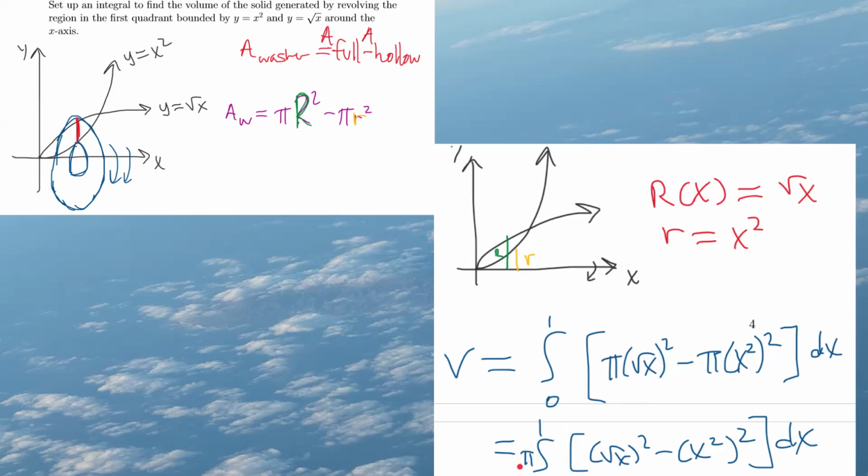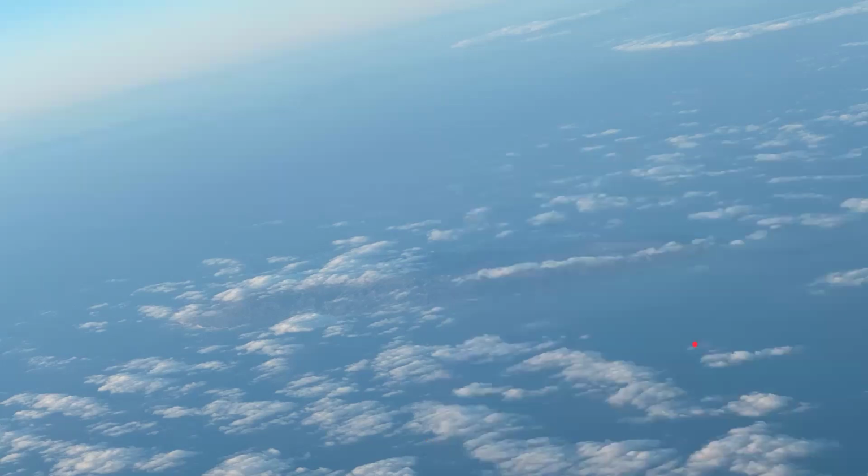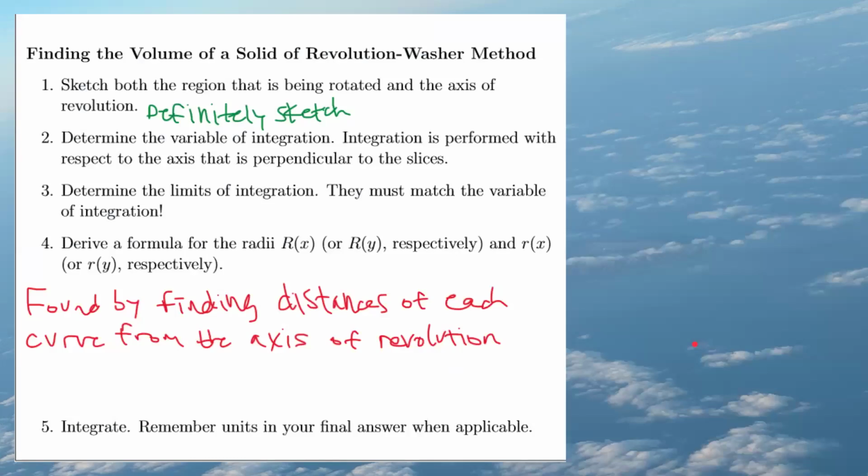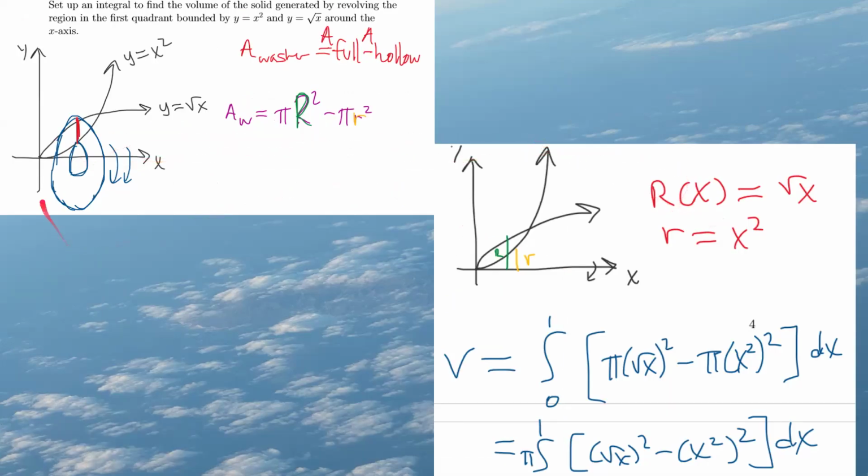We can factor out this pi, and the zero is gone from the thing. But you would just find the antiderivative as usual. I'm not including that because that's not what we're talking about in this video. So, to reiterate the steps, you definitely want to sketch because it makes it easier to figure out which is which. That means you want to remember how to sketch common functions.